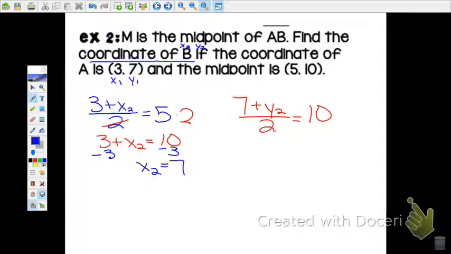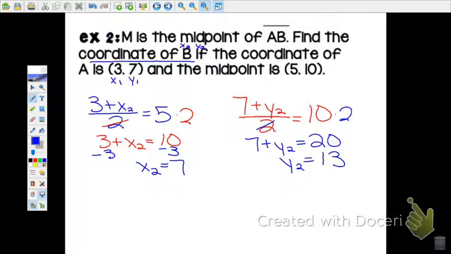I'm going to multiply by 2. 7 plus y sub 2 equals 20. Then I'm going to subtract 7. Y sub 2 equals 13. So not real difficult work.